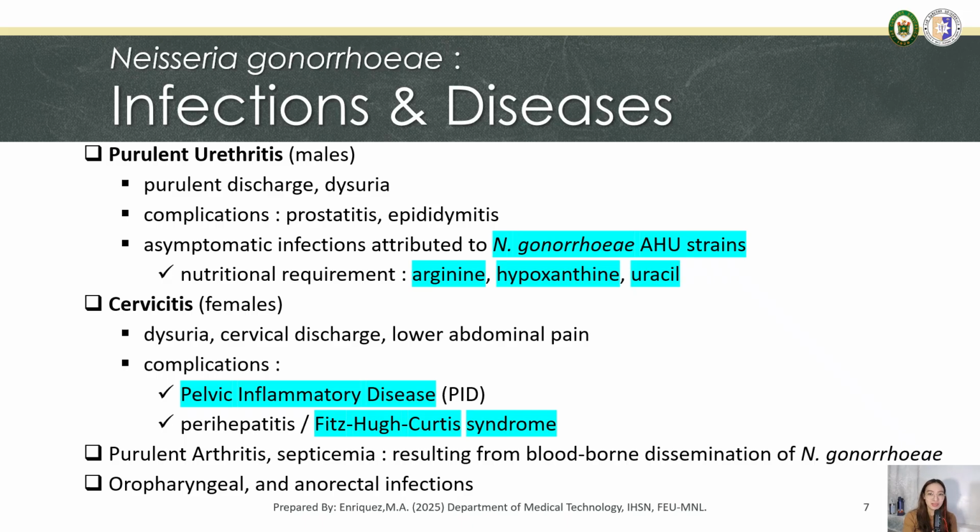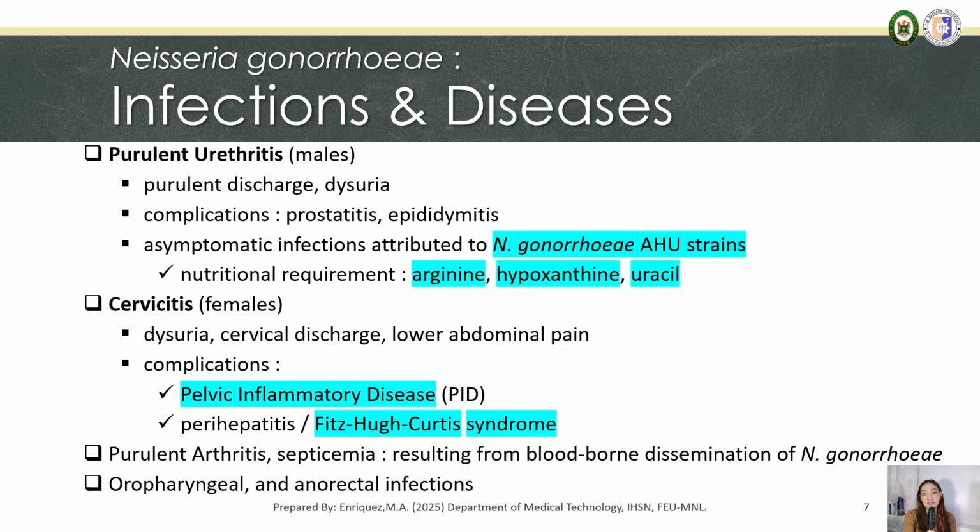Listed here are the clinical symptoms and complications of gonorrhea in both men and women. In men, complications of purulent urethritis include prostatitis, which is an infection in the prostate, and epididymitis, which is an infection on the epididymis or the tubes located behind the testicles.